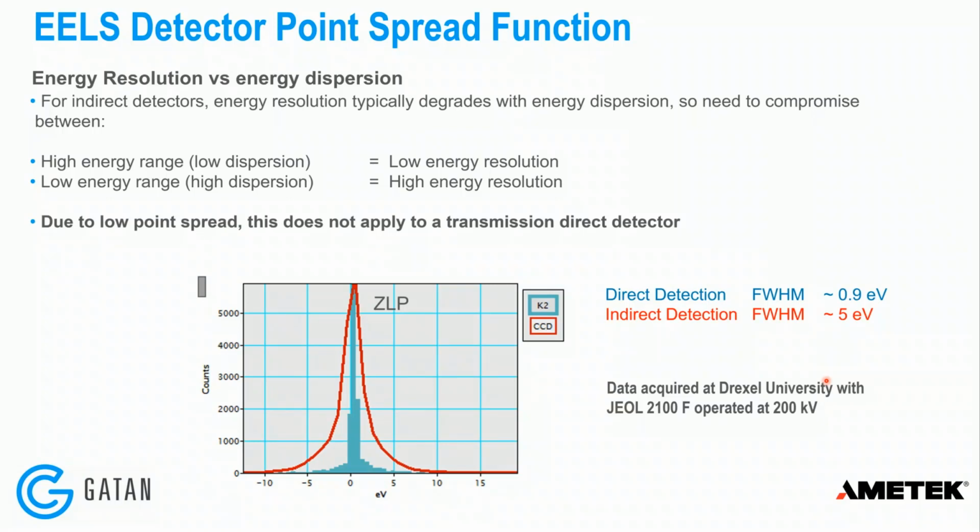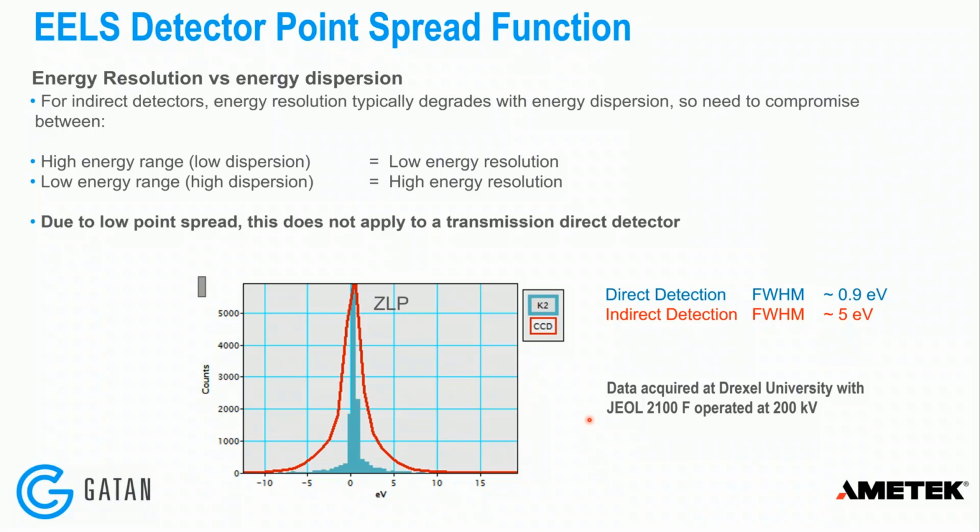Here's an example of 2 zero loss peaks. One from a direct detector, the K2, and the other from an indirect detector, a CCD camera. This was done on the same microscope, at low dispersion, the lowest dispersion for the system.